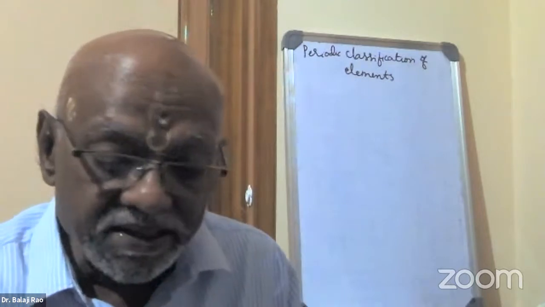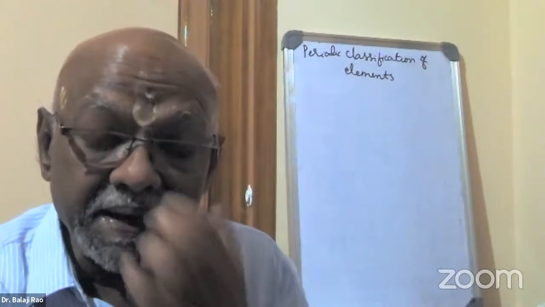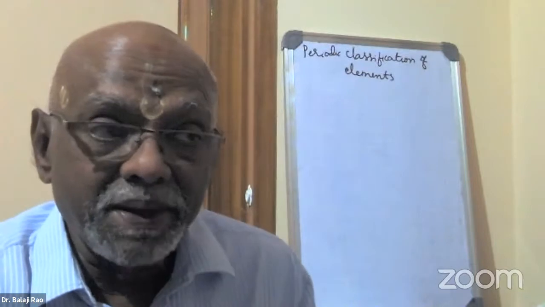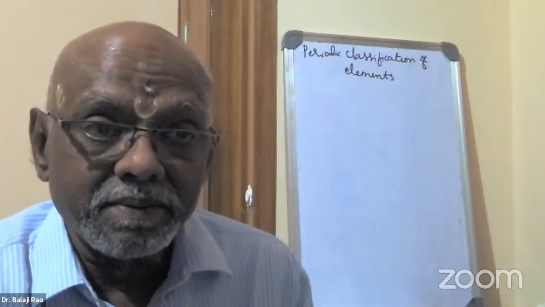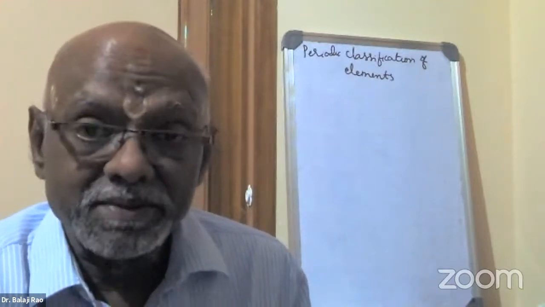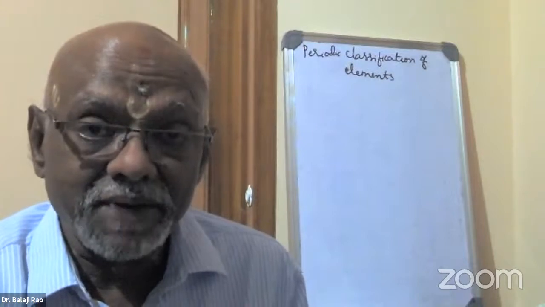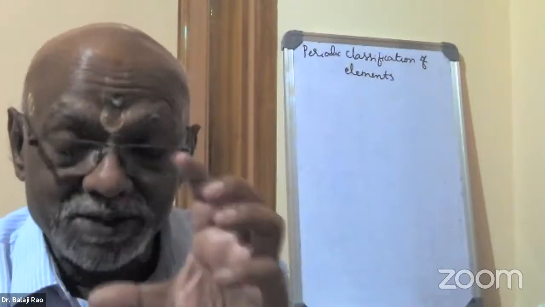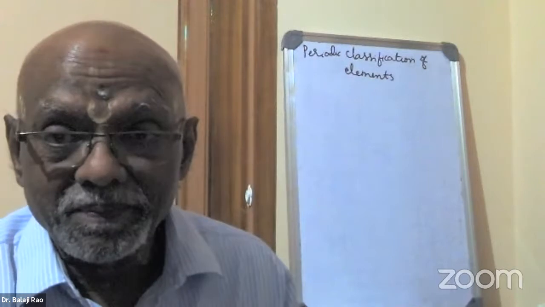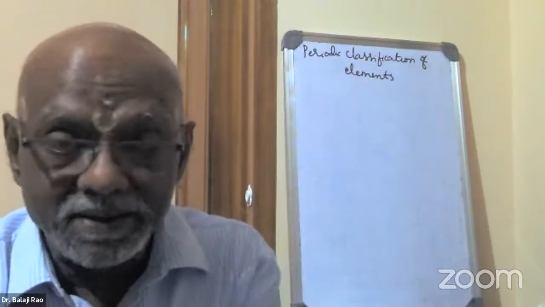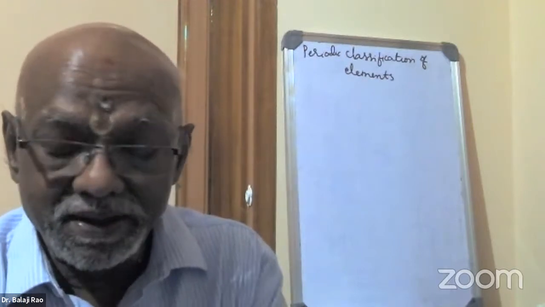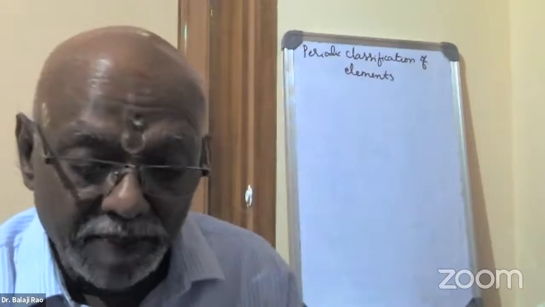Then 1862, this again is a man who's not famous, but unfortunately or fortunately, in fact, he was the one who gave us the first proper periodic table. If you look at the current trend of the periodic table, in fact, it resembles what this man gave us.